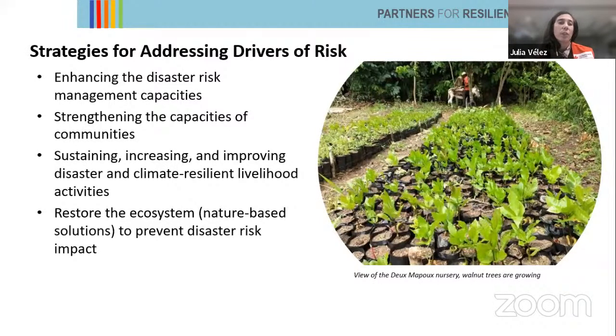Strengthening the capacities of the community through this local community engagement, also sustaining, increasing and improving disaster and climate resilient livelihood activities, and restoring the ecosystems through nature-based solutions to prevent the disaster risk impact.